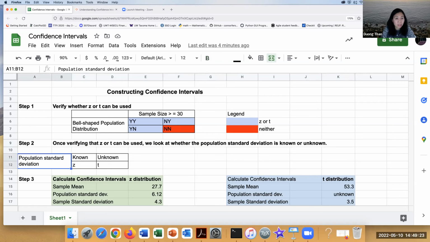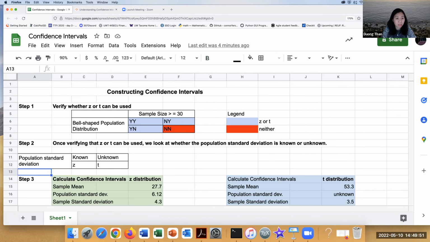If the population standard deviation is known, then you can use the Z distribution, the standard normal distribution. If the population standard deviation is unknown, then you have to use a T distribution. Again, this step follows the first step, so you have to verify whether Z or T can be used before moving to the second step.